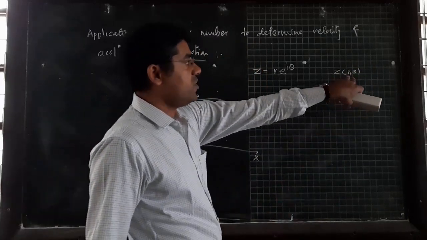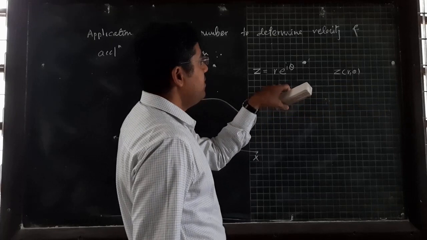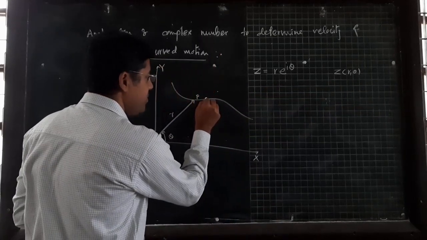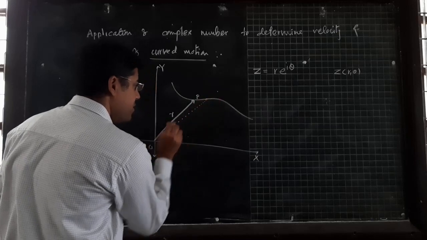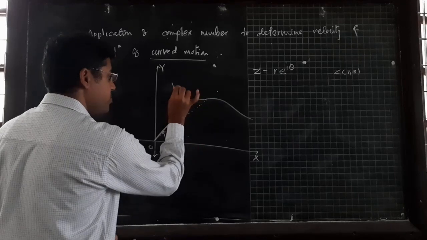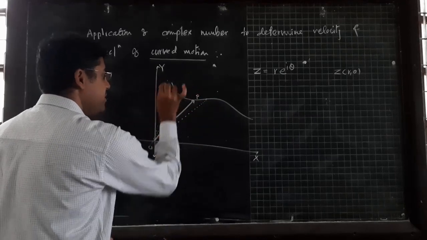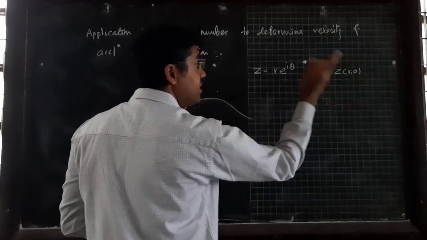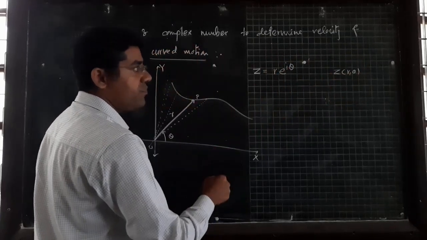These are the polar coordinates. Suppose the position of the particle is here, here, here; every time your r and theta change with respect to time.